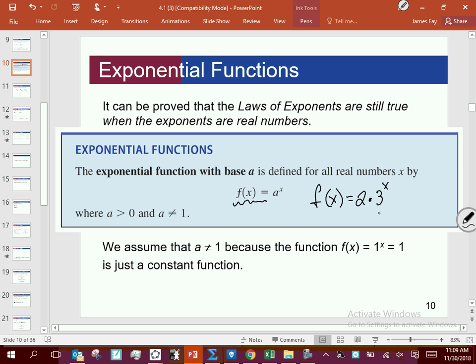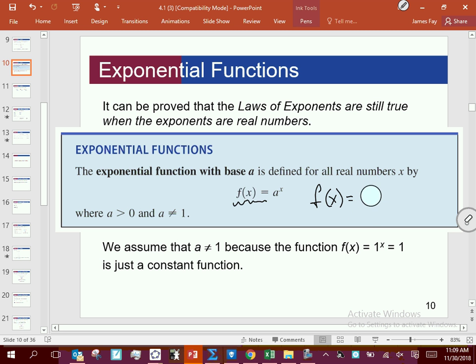A lot of people want to take that and write it as 6 to the x. Can I do that? No, I cannot, because order of operations says when you evaluate, you have to do 3 to the x first. You have to do exponents before multiplication and division. I cannot combine this to 6 to the x. Those would be 2 completely different graphs.